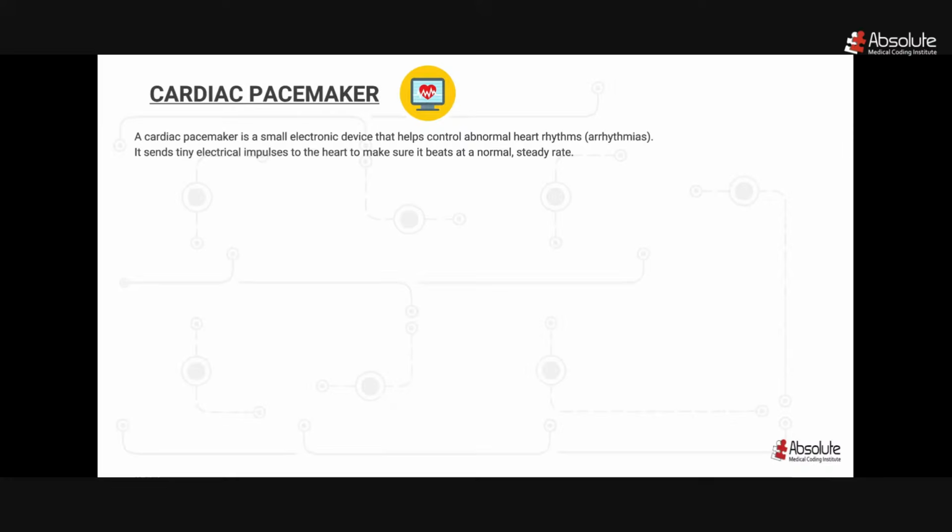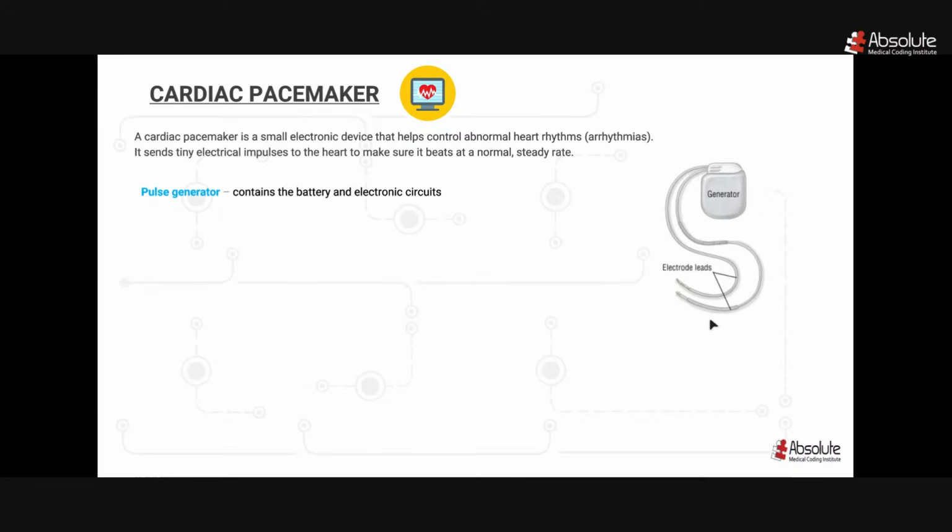All right. So now let's break it down into parts. A pacemaker consists of two parts. Number one is the pulse generator. You can see the image. This is the brain and battery of the system. It contains a battery and the electronic circuits that create those electrical impulses.